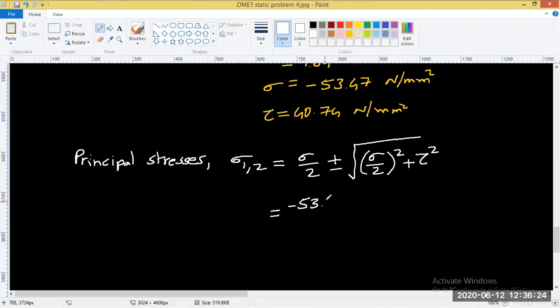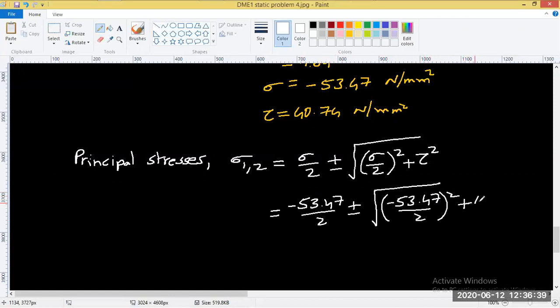We got 53.47 by 2 plus or minus under the root, minus 53.47 by 2 the whole squared plus 40.74 squared.